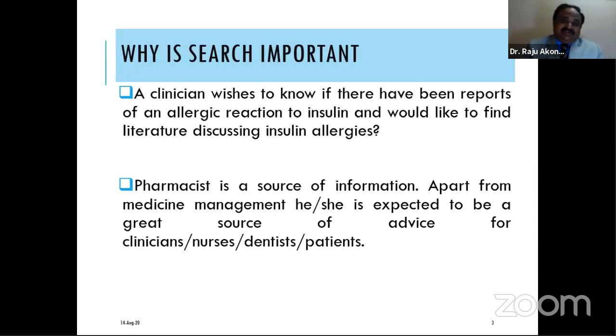And whatever evaluated literature you have in your hand, if that literature says that this drug is very safe and efficacious, then obviously you get the confidence from that, and you will convey the same confidence to the patient as well, or to other healthcare practitioners. Without such evidence in your hand, you cannot convey this. Am I right?